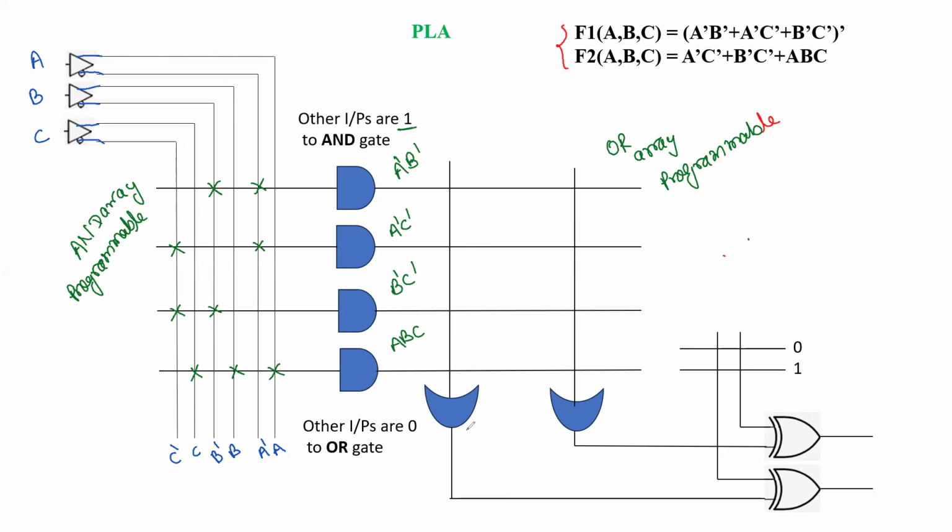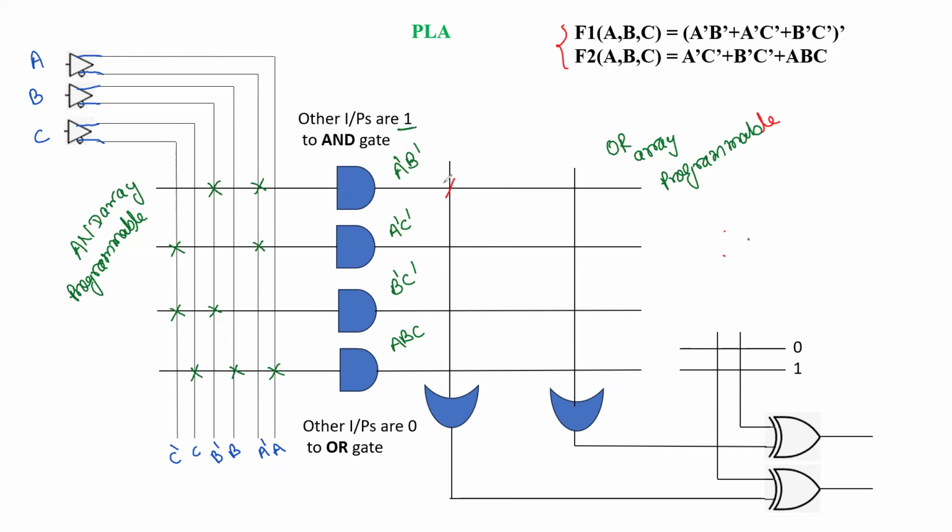Suppose this one we are going to use for the F1 purpose, and this one for the F2 purpose. This is just something we are keeping in mind. So in F1, what are the product terms we have?